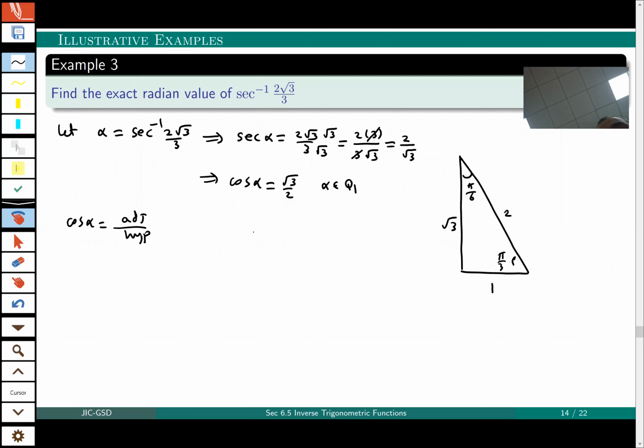Which angle has adjacent equal to root 3? That's definitely pi over 6. So alpha must be equal to pi over 6. That means secant inverse of 2 root 3 over 3 will be pi over 6.